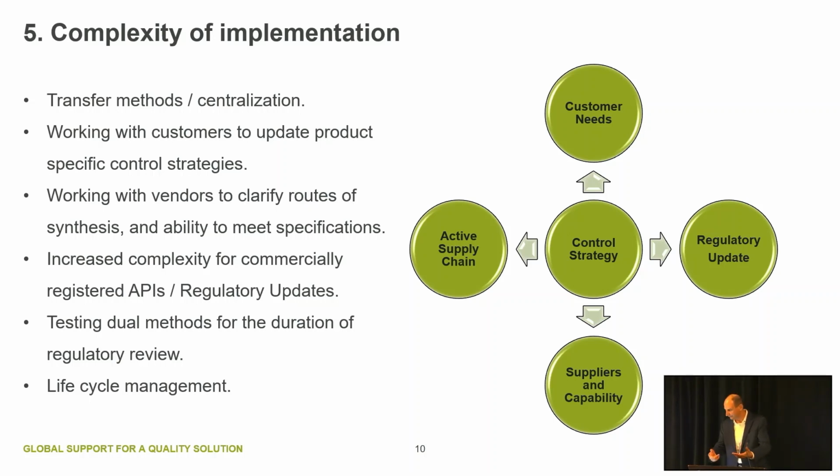Here's our methods. They're more capable. Yes, you have to tighten specifications. You have to have better control of impurities. If you have all kinds of residuals, we need to remove those. So all these discussions are happening. So what I showed you, those 2 chromatograms, are just kind of the center of the control strategy, but there's so much work to be done with respect to suppliers, customers, regulators, and keeping an active supply chain going.